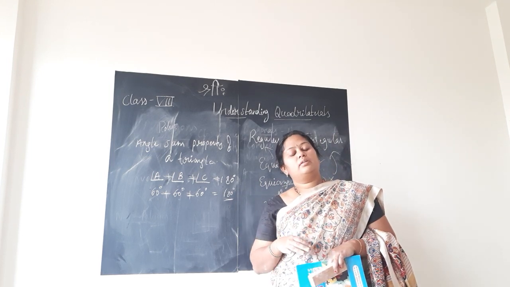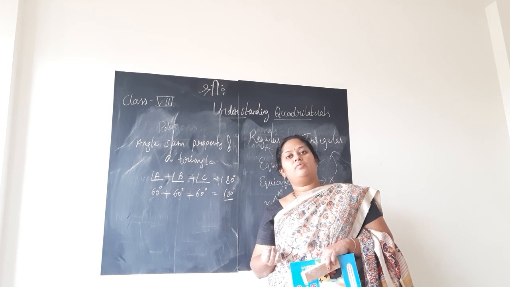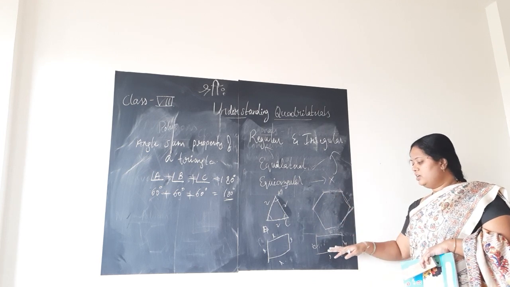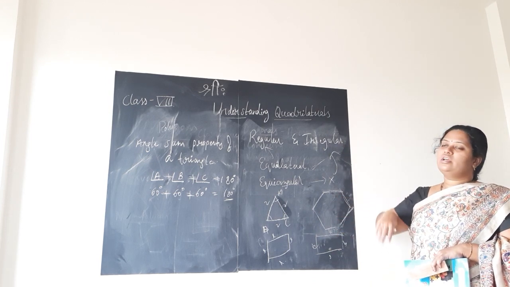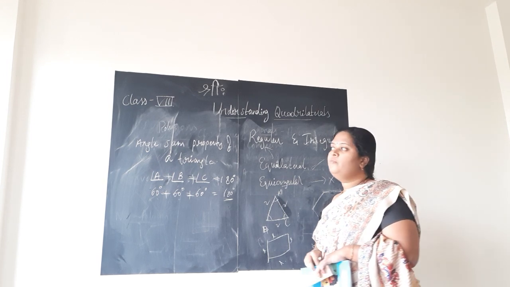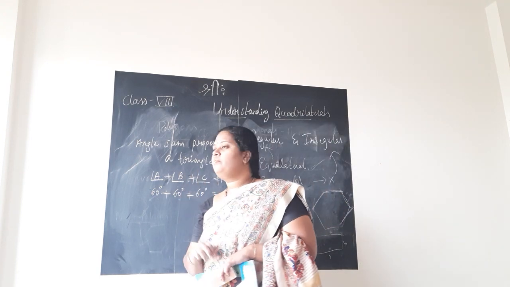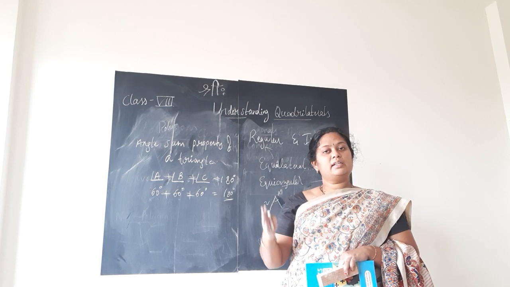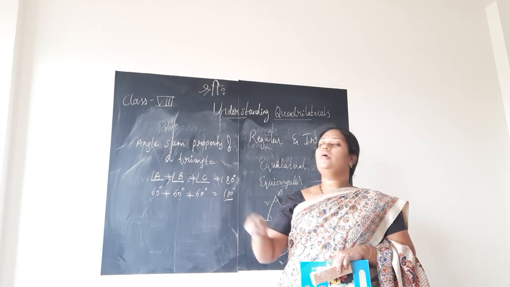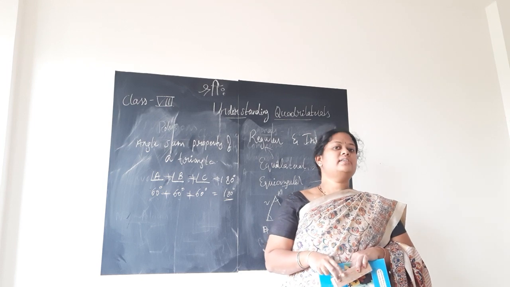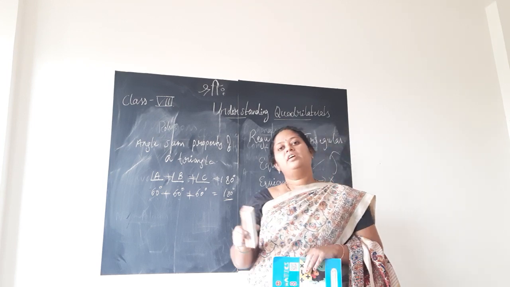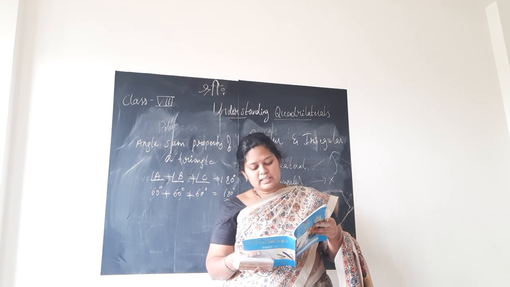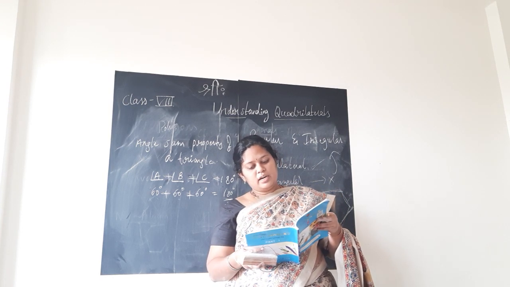If a polygon is equilateral and equiangular, it is called a regular polygon. If not, it is called an irregular polygon. Next we discussed the angle sum property of a triangle, that is, the sum of all three interior angles of any triangle is equal to 180 degrees. With this background, children, we shall solve the first exercise, exercise 4.1 in your textbook.